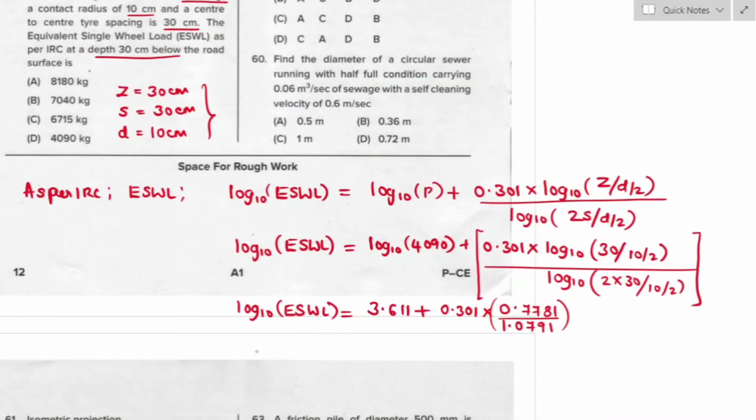On solving this, log 10 of ESW is equal to 3.828.